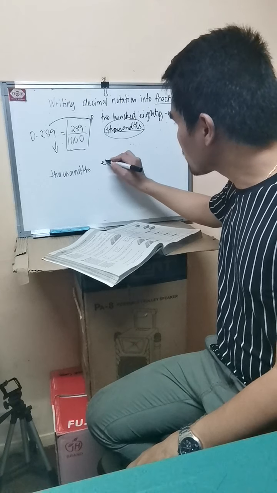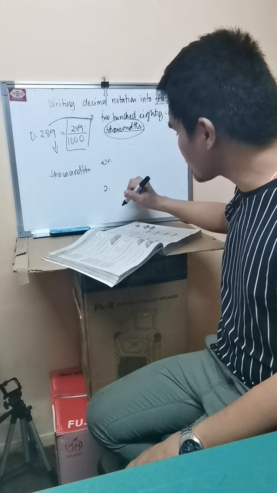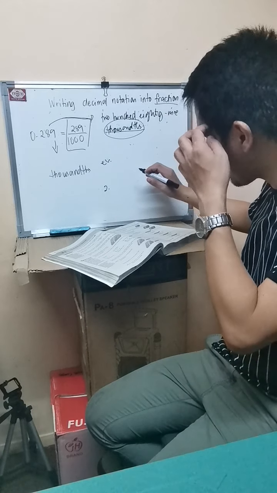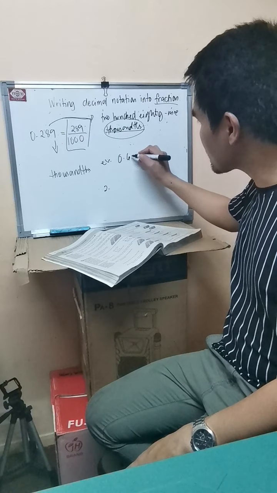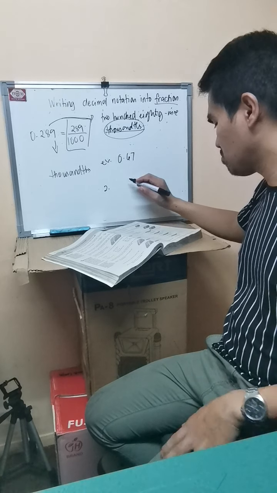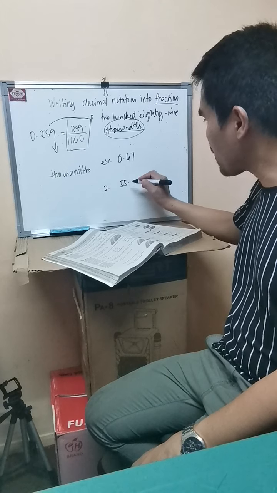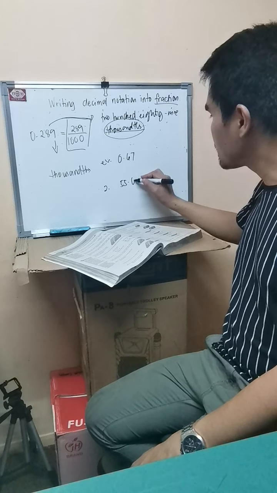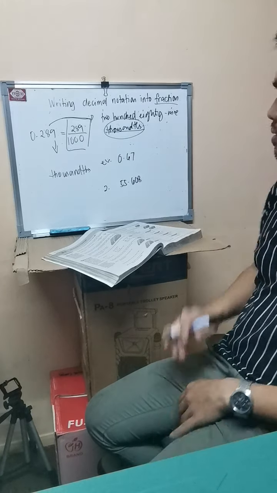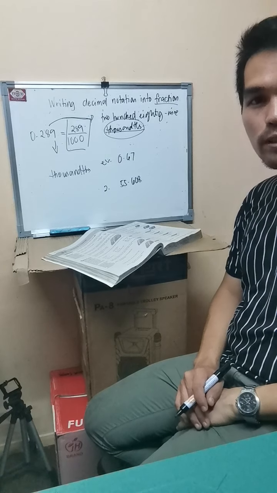Let's have two examples. Example 1 and example 2. Let's say you have 0.67 and then you have 55.608, for example. Okay, I'll give you 3 more minutes and then you try to do it on your own.